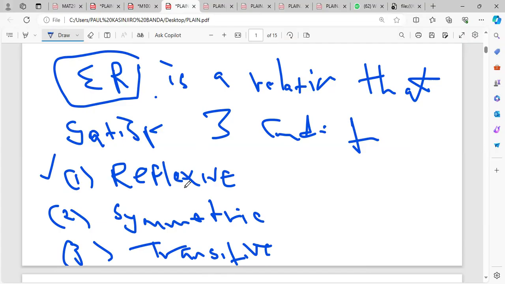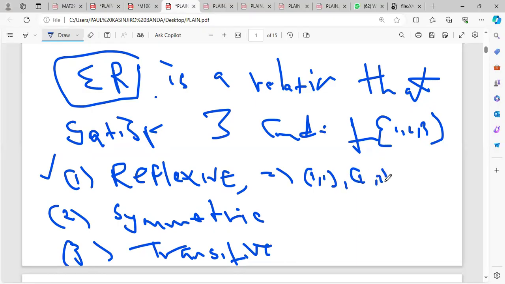So what is reflexive here? It simply means that every element of a set is related to itself. Let me have a set here, 1, 2, 3. For me to have a reflexive relation there, I have to have (1,1), (2,2), and then (3,3).